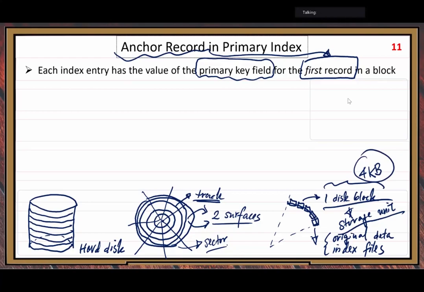Then why do we call it storage unit? Because the data stored in each disk block is used as a unit when we load our data into the main memory.